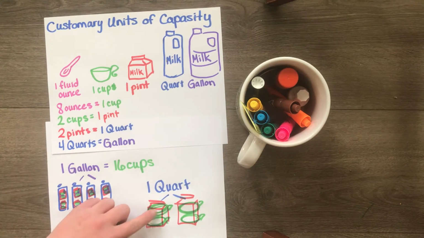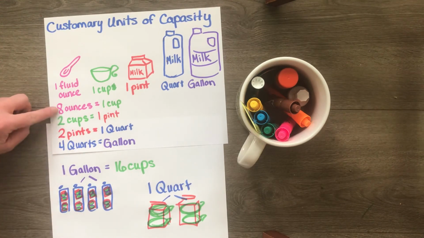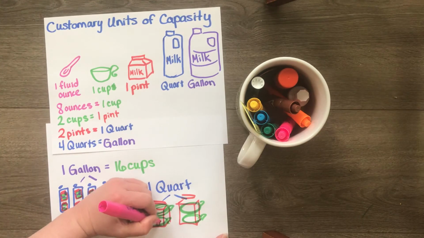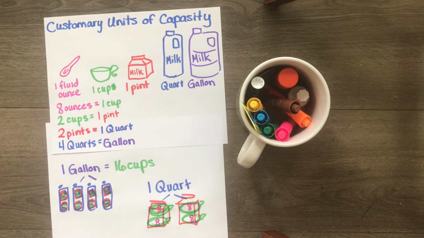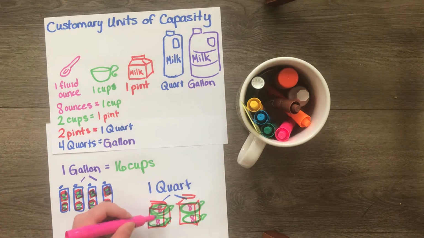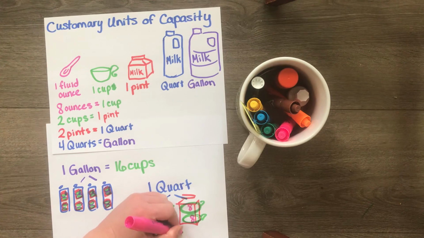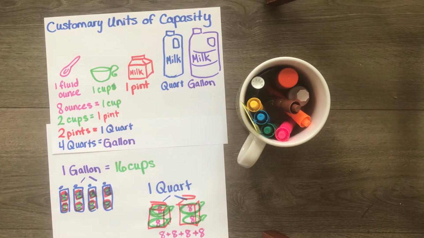Now I know that for every cup that's inside my pint, there's 8 ounces. So I'm going to go back in and put in 8, 8, 8, and 8. Oh, that's a lot of 8s. I've got 4 8s. 8 plus 8 plus 8 plus 8. There's a faster way, isn't there?